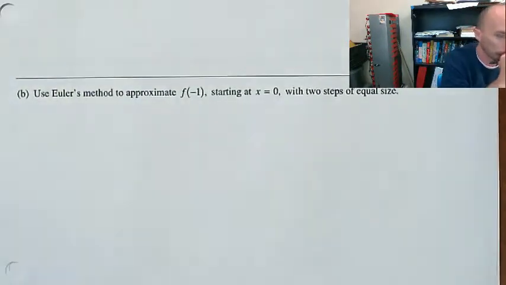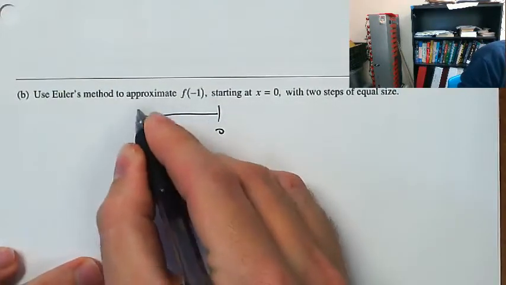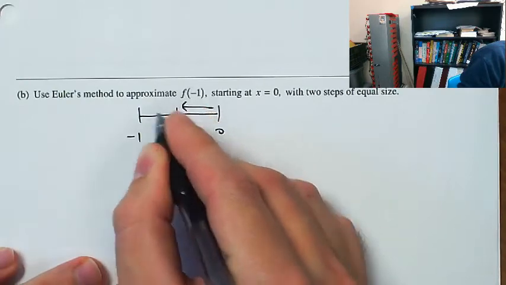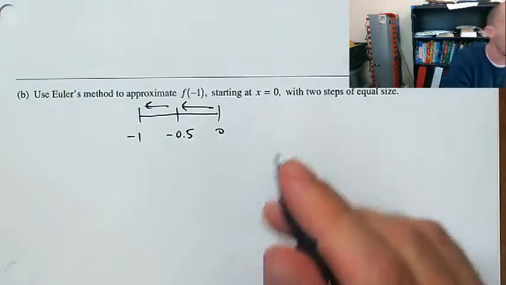Okay, Euler's method to approximate f of negative 1, starting at x equals 0, with 2 steps. Okay, so I'm going to go backwards, so I've just got to be a little more careful. Otherwise, Euler's method works the same whether you're going forwards or backwards.